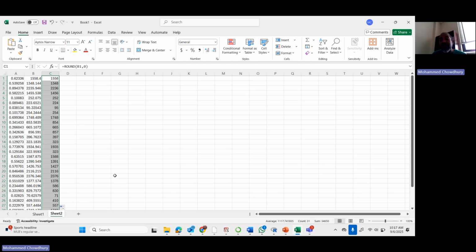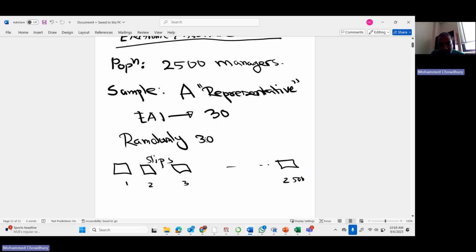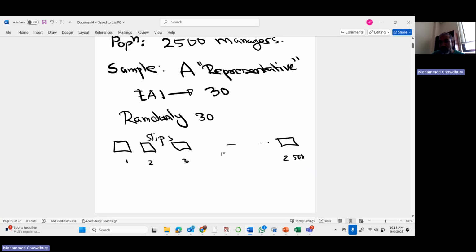So this is the way you can take a sample of the desired size by using Excel. So you understand how to take the sample. Remember, a representative part of the population is called the sample, and I have shown you how to take the sample by using Excel.